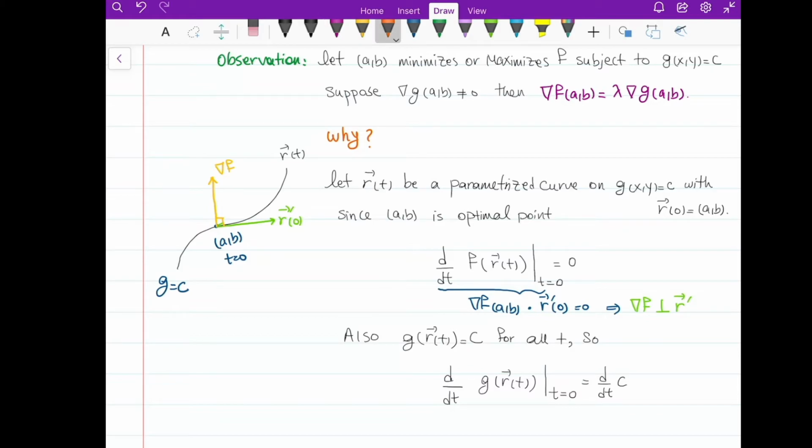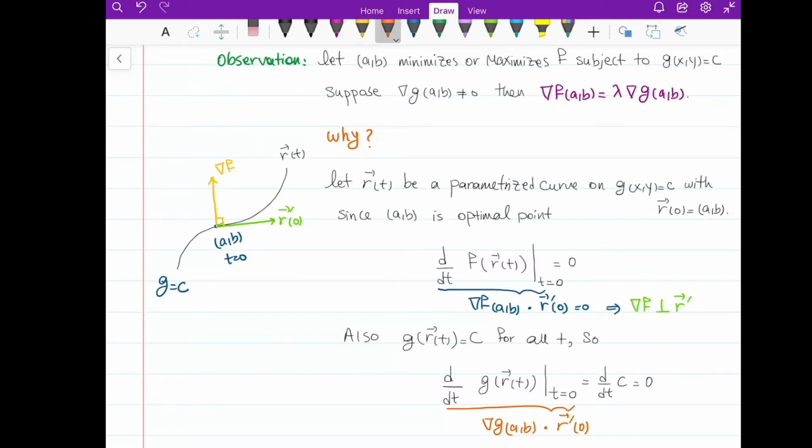Derivative of a constant c is equal to 0, and derivative of g of r of t based on the chain rule is gradient of g at time 0, which is the point a and b, dot r prime at 0.